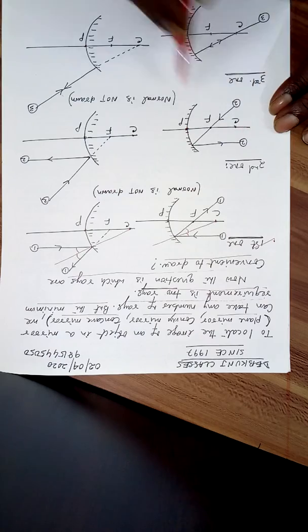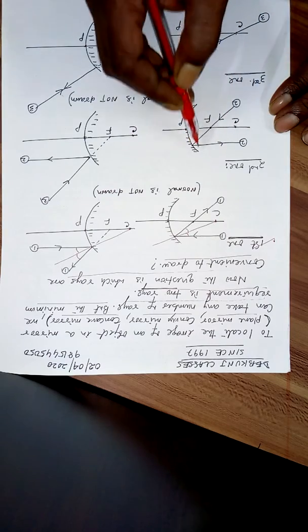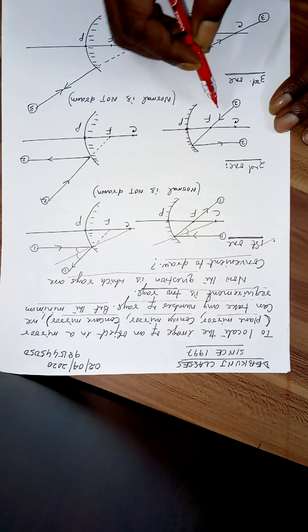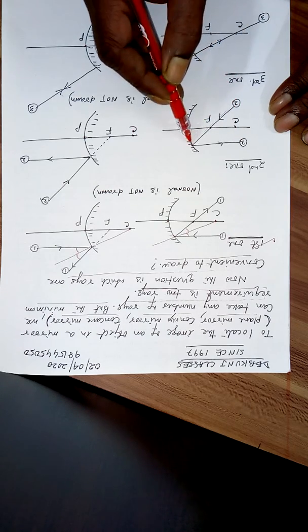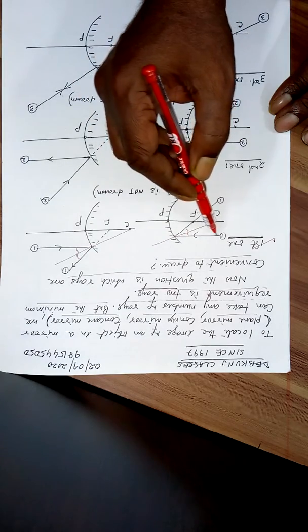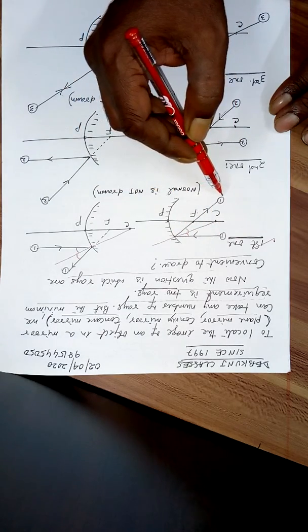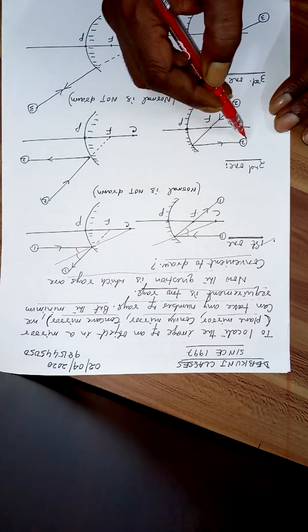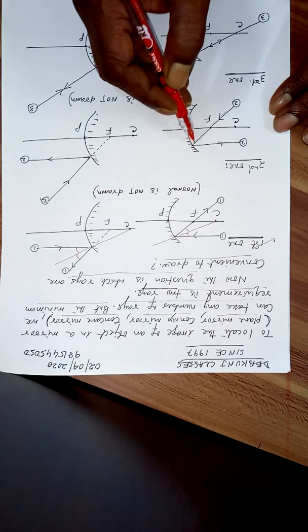Now the second convenient ray, for a concave mirror. A ray passing through the focus becomes parallel after reflection. That is just the opposite of the first. Coming parallel, it passes through the focus; so if it passes through the focus, it will become parallel. Here also I have not drawn the normal.